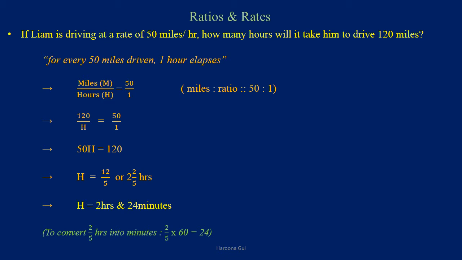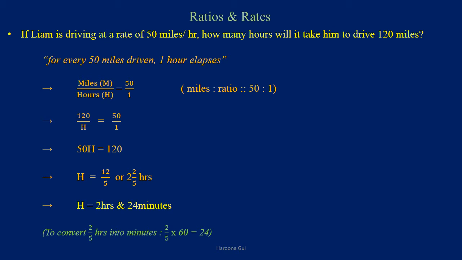And if you want to convert it into minutes, don't be scared of it. It's very easy. We just need to multiply the fraction with 60, that is 60 minutes, right? So what we're going to get is 24 minutes. So our answer would be 2 hours and 24 minutes.